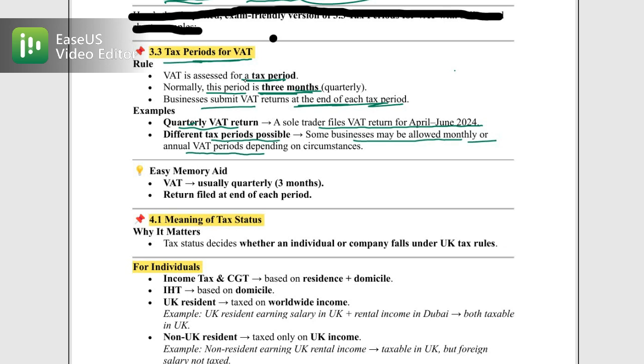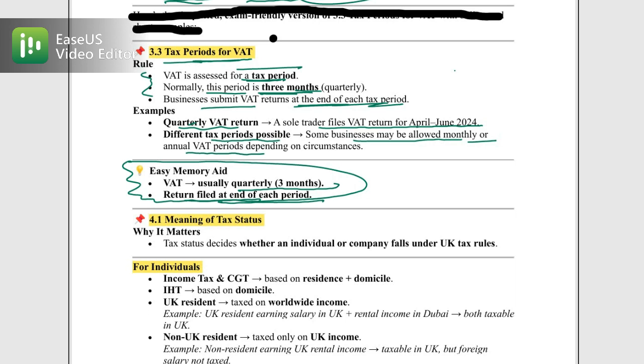So we have quarterly VAT returns, though different tax periods are possible. For example, a sole trader files a VAT return for April to June 2024, and some businesses may use monthly or annual VAT periods depending on circumstances. So VAT is usually quarterly, 3 months, and a return is filed at each period. You have to remember this.